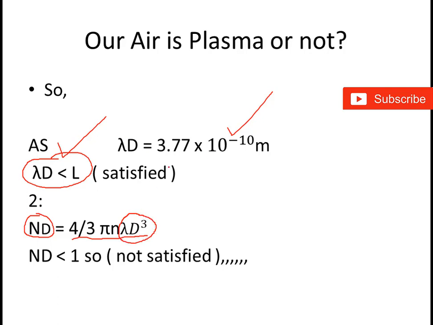As we know, this number is very small, 10 raised to power minus 10 is 0.0000 and so on, so if we put it here we will get a value of 0 point something. So we can say that this nd is smaller than 1. So this second criterion for plasma is not satisfied.